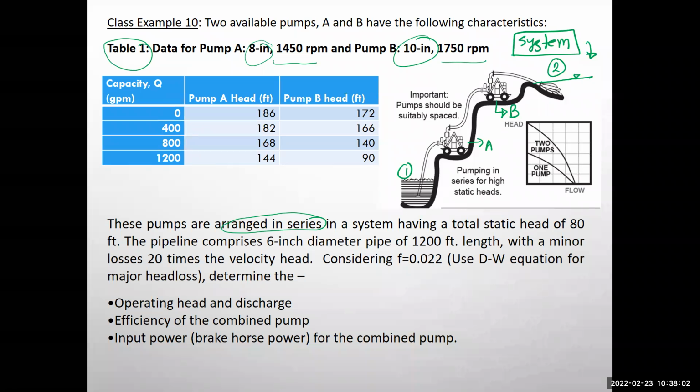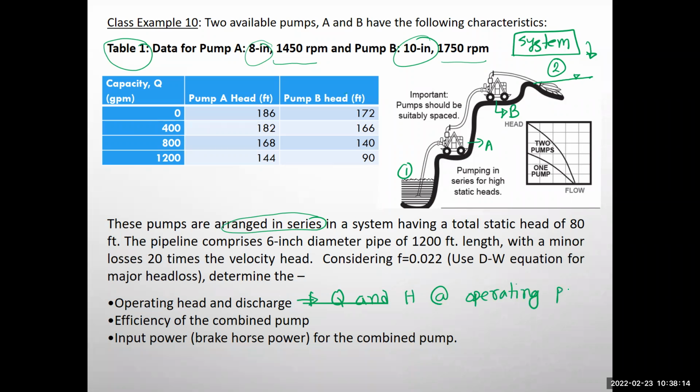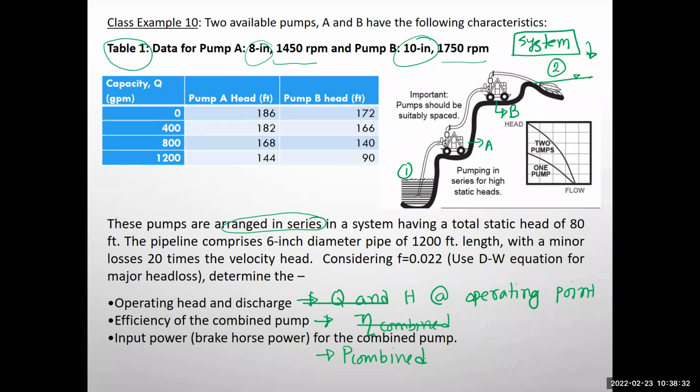Once you have the system curve and pump characteristics curve, you can calculate Q and H at the operating point. You need to find the combined efficiency. It simply means after adding these two pumps together, what will be the combined efficiency and the combined power. Okay, so that's what we will do.